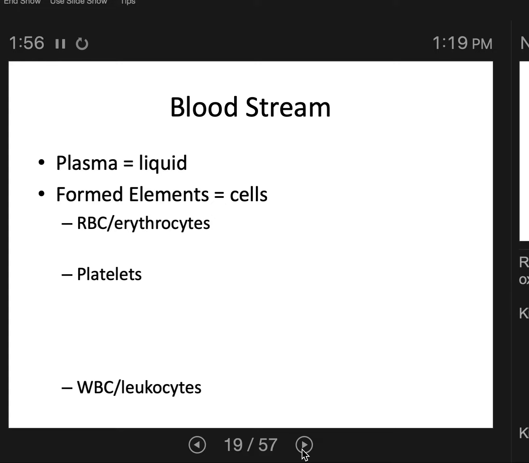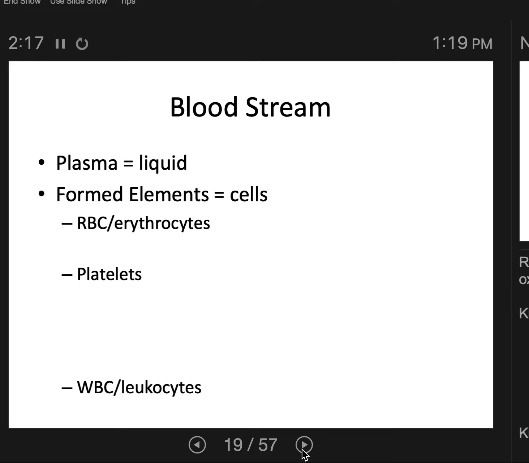So you have the plasma and then you have formed elements. Plasma makes up the majority of what's in your veins and arteries. Formed elements are the cells. So it's about 65% plasma and 35% cells by volume.